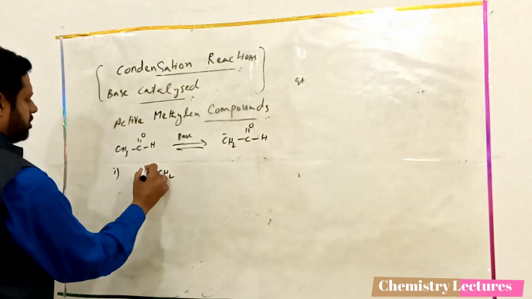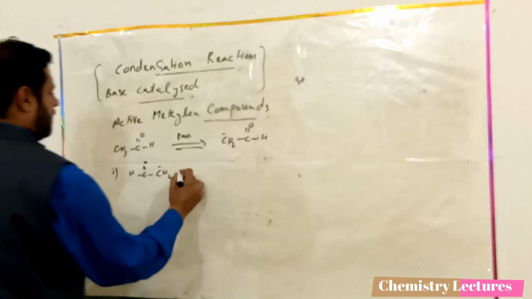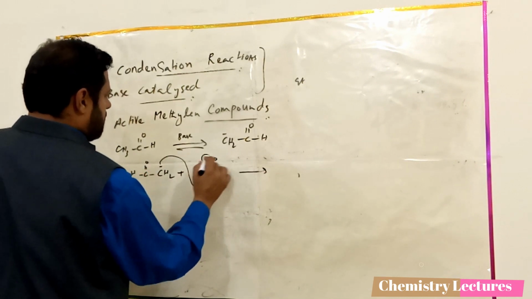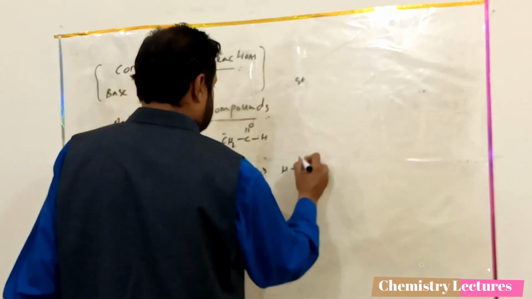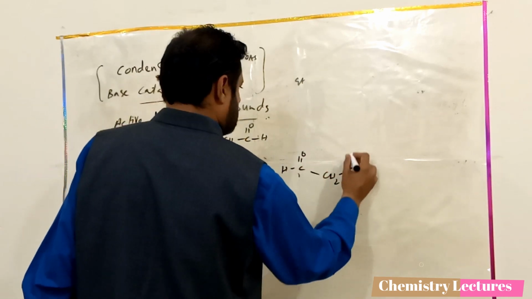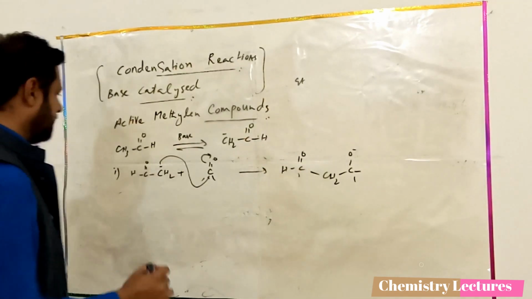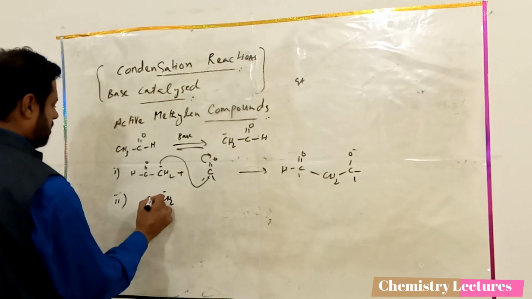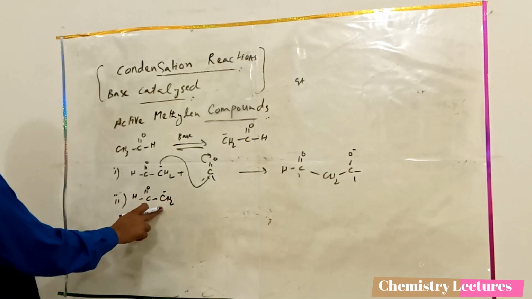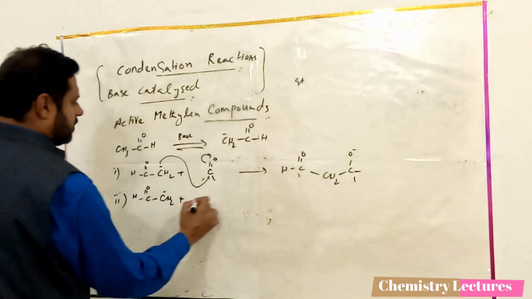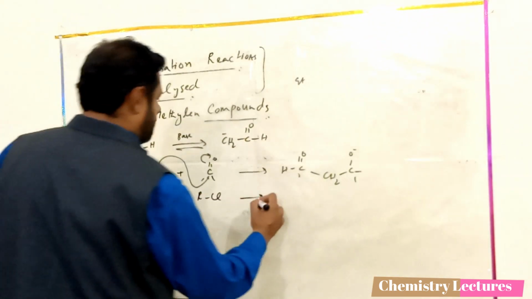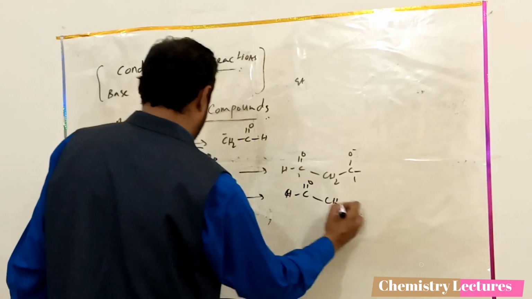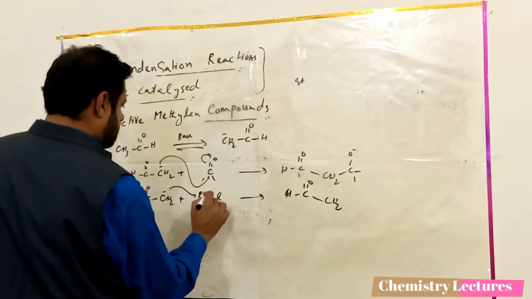For example, when you treat with any carbonyl group, they will react and make a bond. And second, when you treat this active methylene compound after removing the proton with any alkyl halide, this will make a bond. This will attack on this one, and the halogen will be removed.